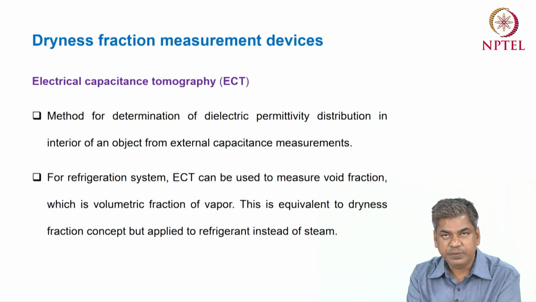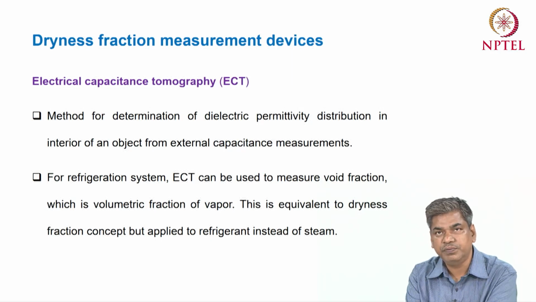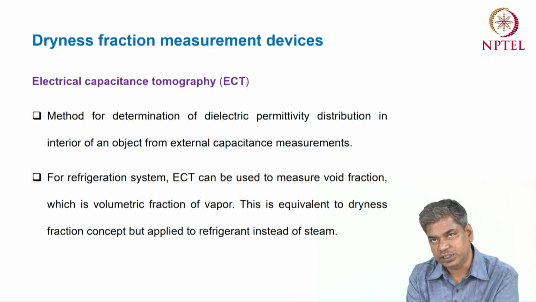To get the density of that liquid-vapor mixture, we need to know the fraction of liquid and the fraction of vapor. That means we have to know the dryness fraction at that condition. Using the dryness fraction we can estimate the resultant density, and then get the actual mass flow rate by measuring the flow rate at that condition.